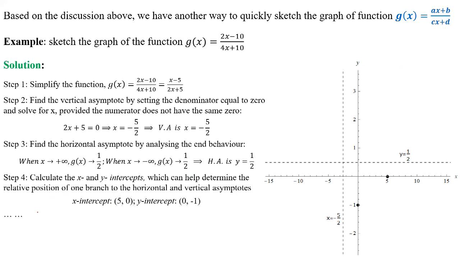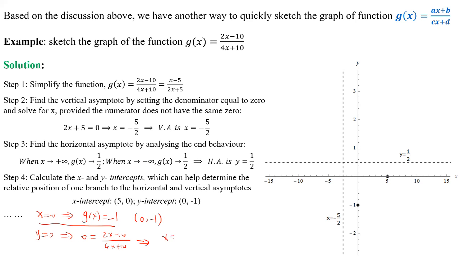So for example, we can let x be 0 and then find that g(x) is -1. So the y-intercept is (0, -1), right? And then we can let y be 0. So that means 0 = (2x - 10) / (4x + 10).